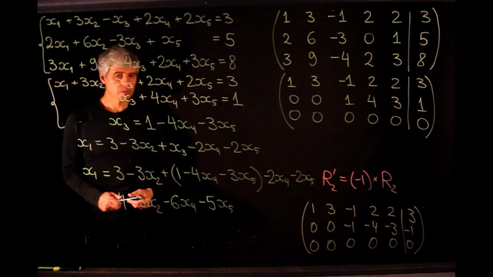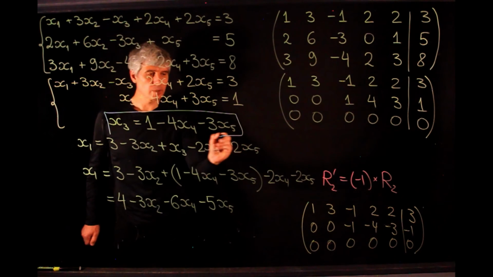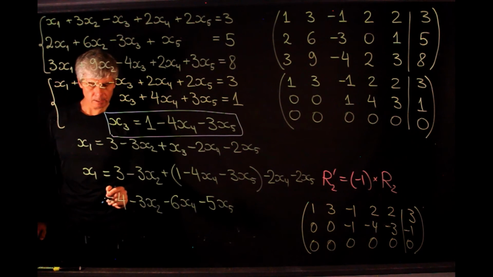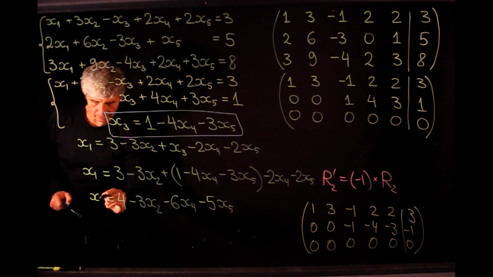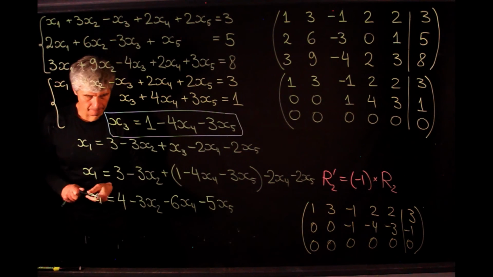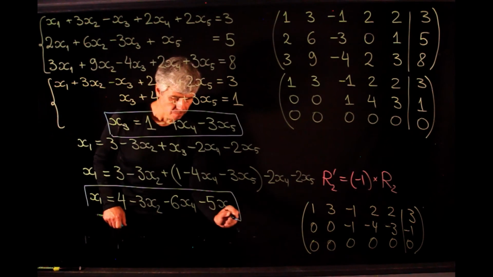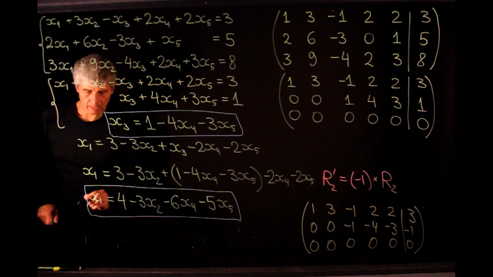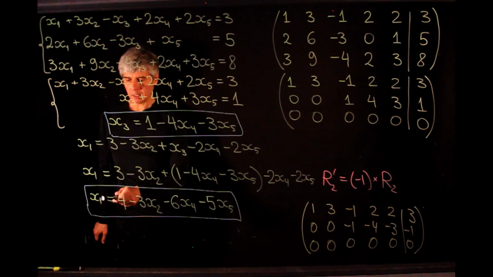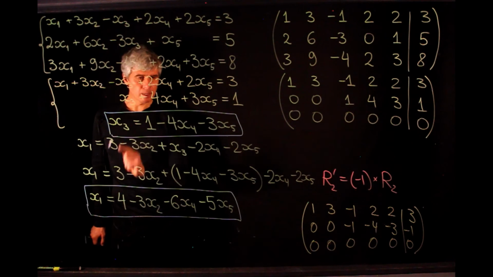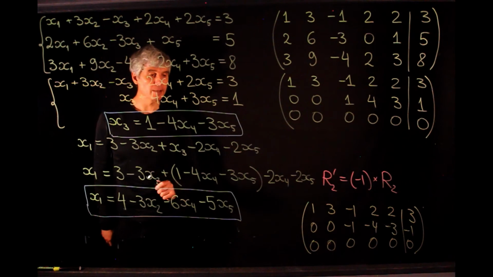Now, we note these two expressions. Here we have an expression for x3, and here we have an expression for x1. So we realize that we expressed x1 and x3 in terms of the variables x2, x4, and x5.